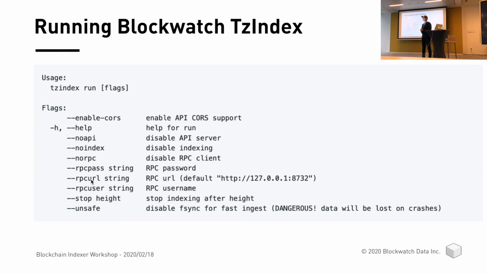Does the enable CORS flag replace the variable that we have to put? Yeah. Okay. So some people asked about CORS, because when you run a website against this indexer, it's how web browsers work when they call APIs.